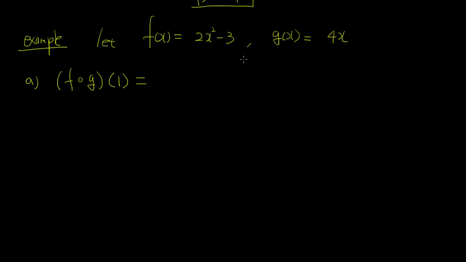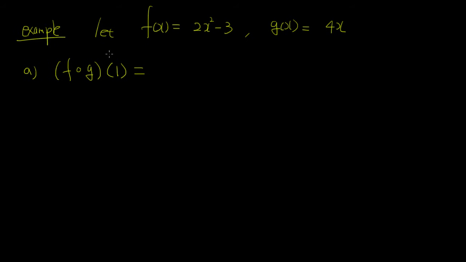So this would be f of g of 1. So what's g of 1? Just replace this x by 1. So g of 1 would be just 4 times 1, which is just 4.